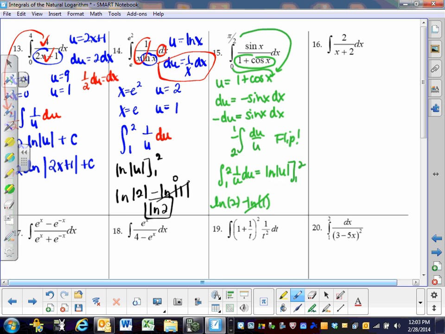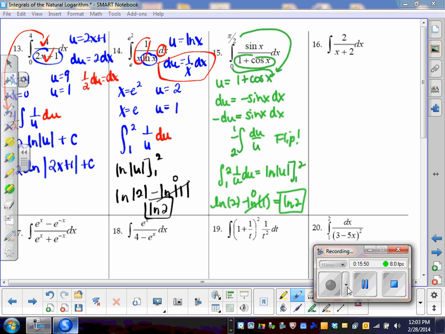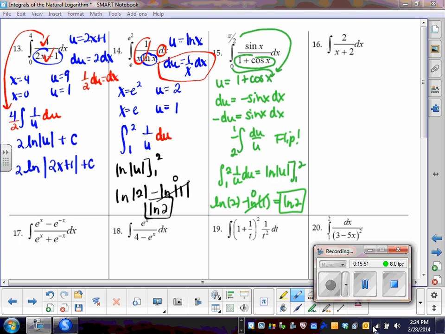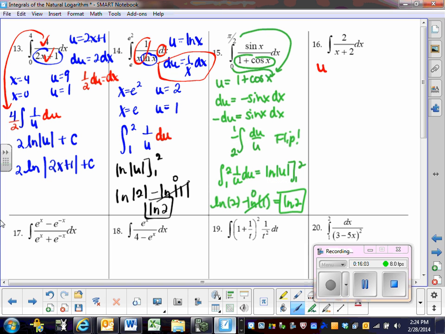For the next one, we have 1 plus cosine of x for the u. So du is negative sine x dx, which means negative du is equal to sine x dx. So we have the integral of negative du over u. We change our limits by putting these into here.